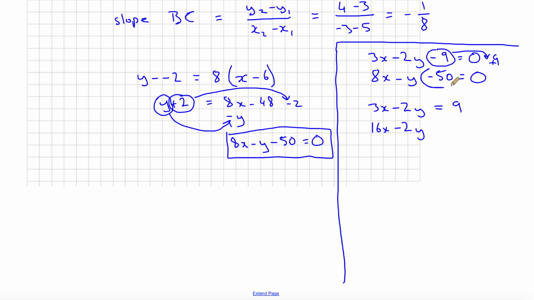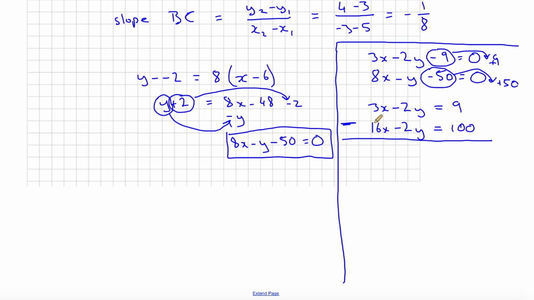I'm going to bring this minus 50 over there, positive 50, and then double it, which is 100. Now I have the coefficients of y the same, so if I want them to eliminate, I'm going to subtract. So I'm just going to subtract upwards.